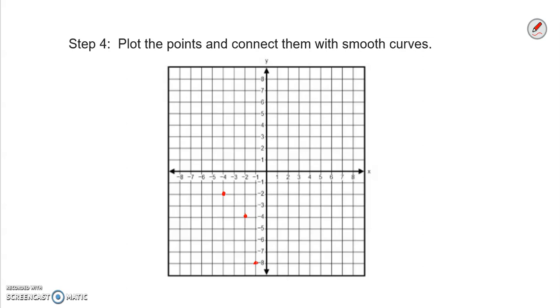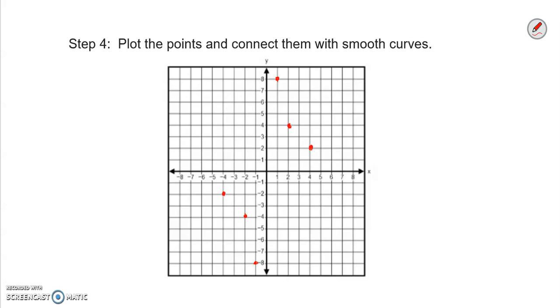Then we had 0 is undefined. Then we had the points (1, 8), (2, 4), and (4, 2). Now you can kind of see where that curve would be.